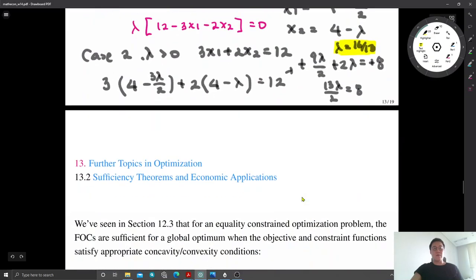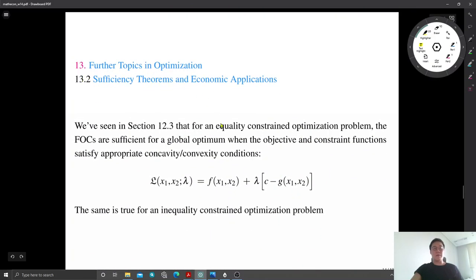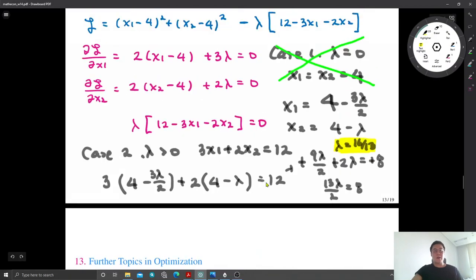Now, we are going to study the sufficiency theorem, and that is very similar to the previous one. If the Lagrangian is globally quasi-concave with respect to x1 and x2, then the first order condition, the Kuhn-Tucker condition, becomes a sufficient condition in the case of a maximization problem.